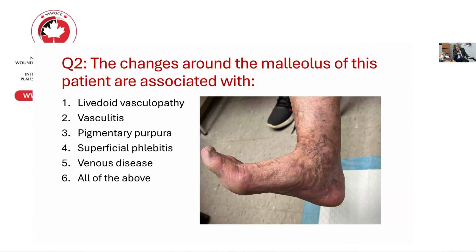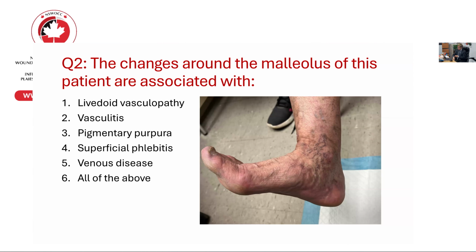Well, it's interesting. The actual correct answer is venous disease, and I'll show this to you in a few minutes. Livedoid vasculopathy has atrophie blanche, and it not only is around the malleolus, but on the dorsum of the foot, particularly at the base of the toes. Vasculitis is palpable purpura.